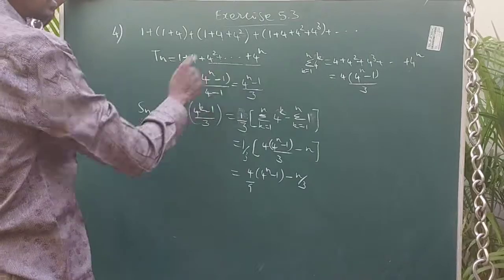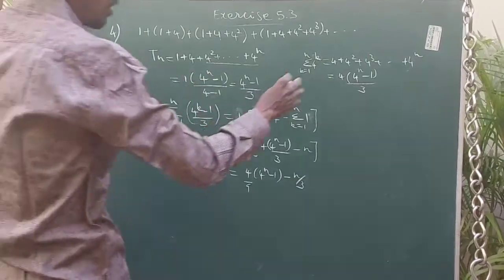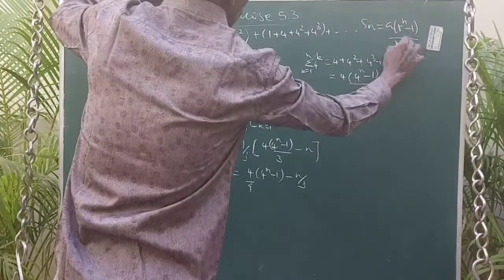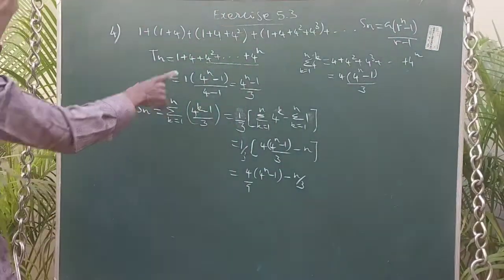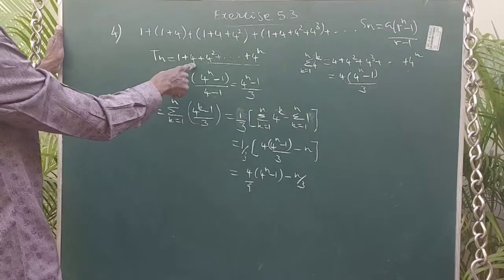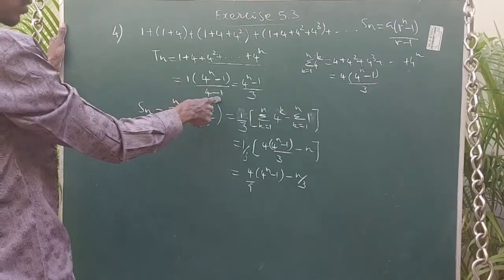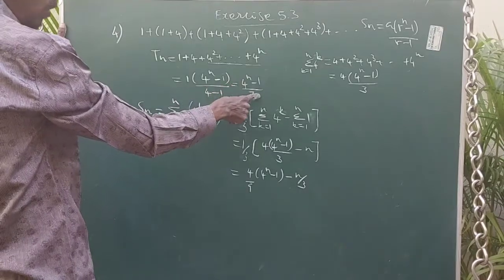So it is in GP. So Sn for GP is A into R power n minus 1 by R minus 1. Remember the formula. Here A is 1 and R is 4, so 1 into 4 power n minus 1 by 4 minus 1, that is 4 power n minus 1 by 3.